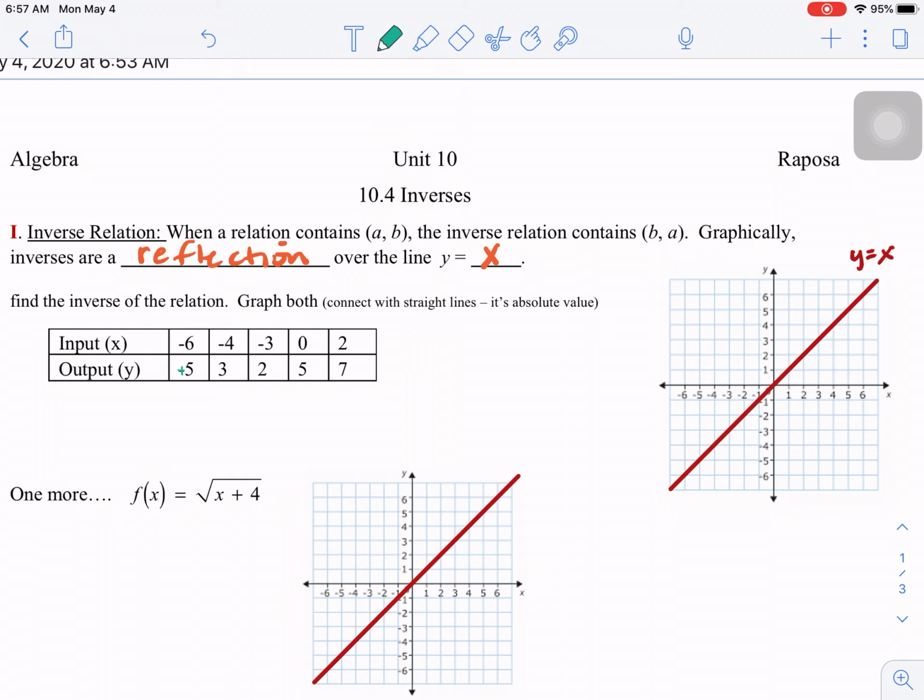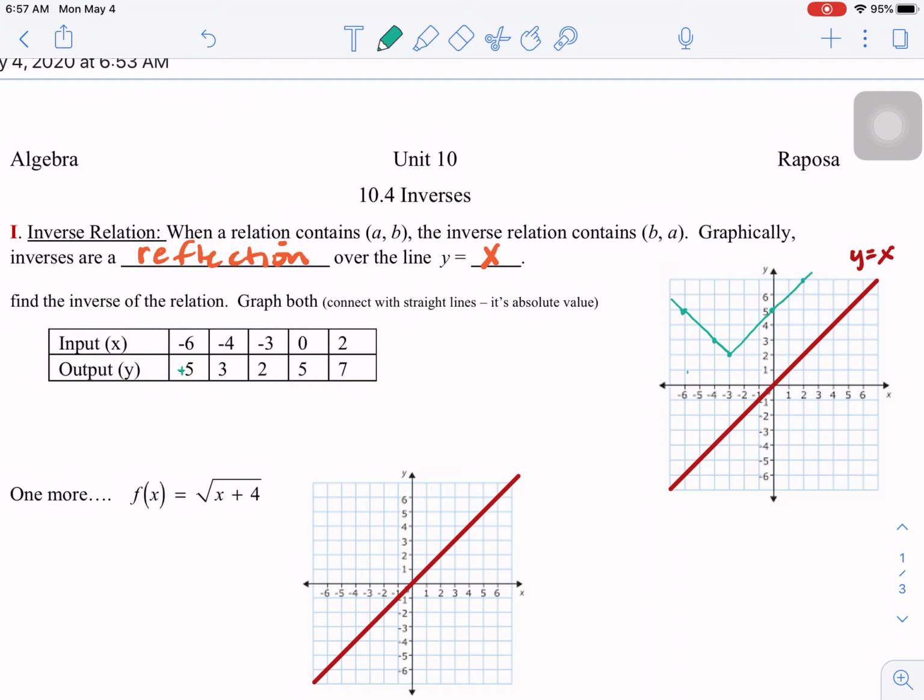Up 5, right there. Then we have (-4, 3), (-3, 2), (0, 5), and (2, 7). Okay, so I'm going to connect these with a straight line.